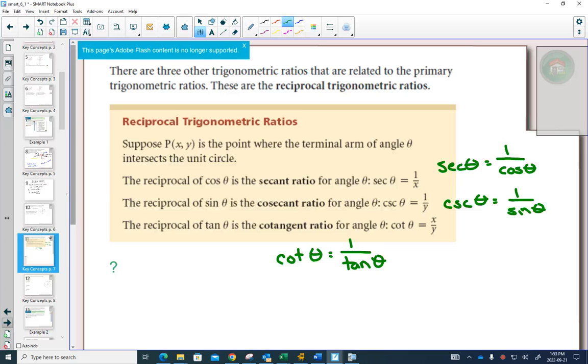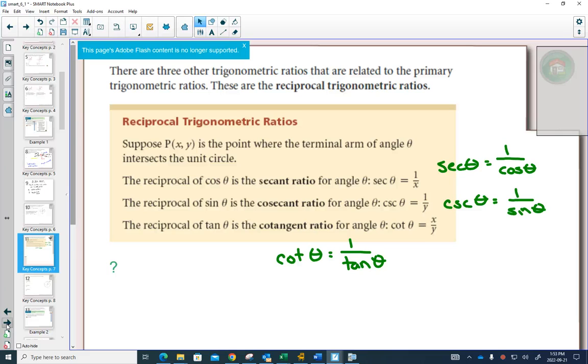It is really easy to remember, and I don't know what kind of memory techniques you use, that tangent and cotangent go together. That one I think is the easiest one to know that they go together. But the other ones are a little bit harder.